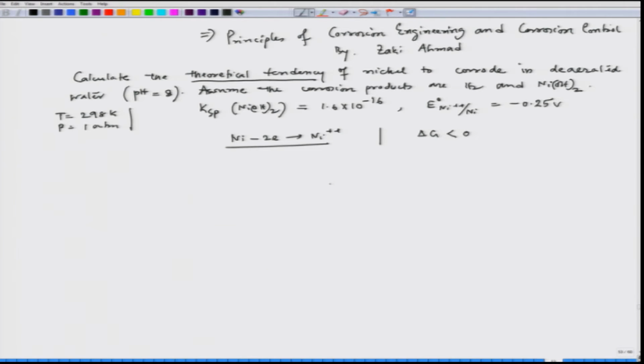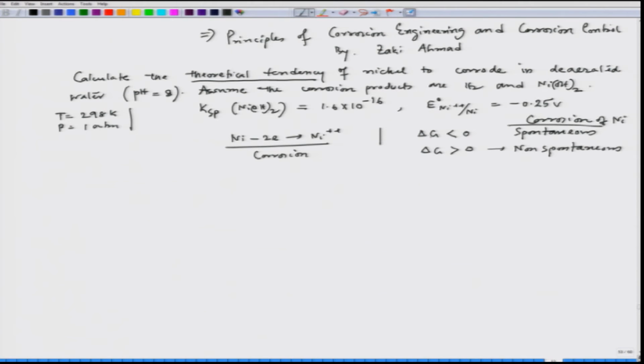Then we would say that the nickel corrosion is spontaneous. So, this is corrosion. But if we find delta G greater than 0, then we will say that this is non-spontaneous, and this is spontaneous. We are talking about corrosion of nickel.